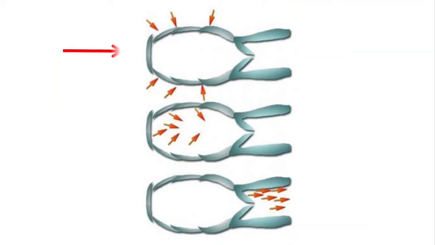In the first diagram, we can see that the arrows are indicating that there is increased pressure around this blind-ended lymphatic capillary. And in the second diagram, we can see that large molecules and excessive interstitial fluid can pass in because of the overlapping junctions.